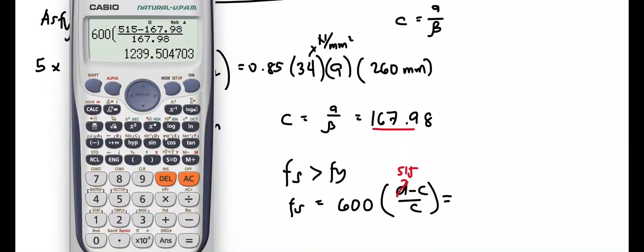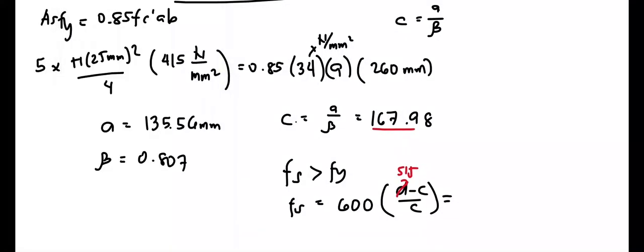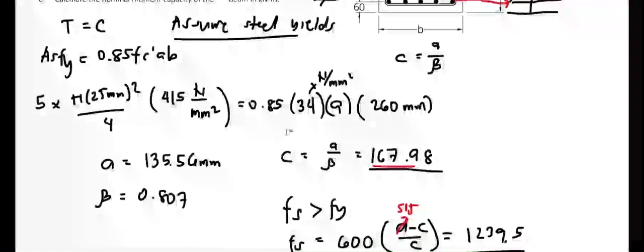So we have 1239.5. Since Fs is greater than Fy, our assumption that steel yields is correct. Therefore we can use this value of c in our solution.